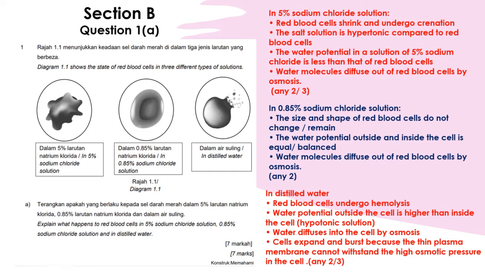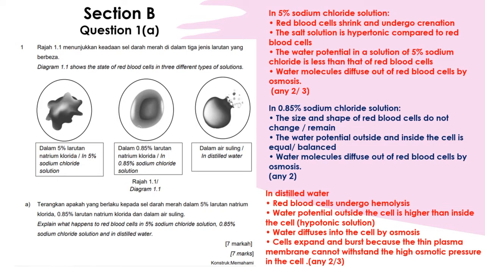Before that, you have to know this is an essay question. In an essay question, you have to write in paragraphs, or you can write in point form, but it must be in full sentences.